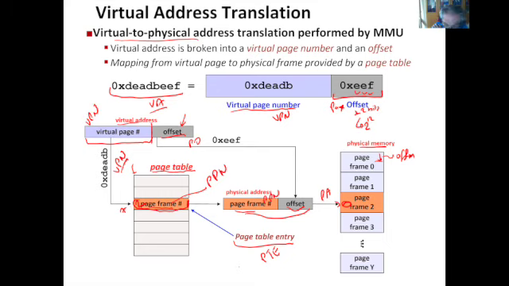If this is my virtual memory, I have split this into a lot of virtual pages. In this case, for example, this is virtual page 0, this is virtual page 1, virtual page 2, 3, and so on.